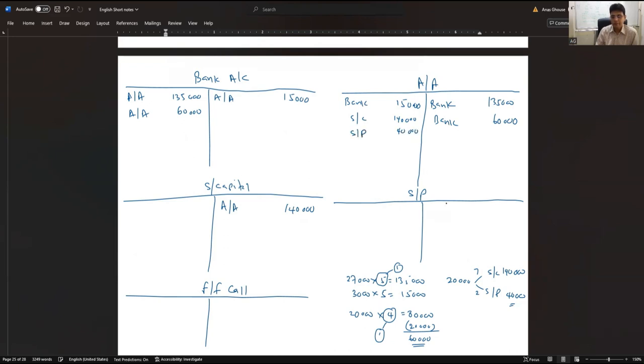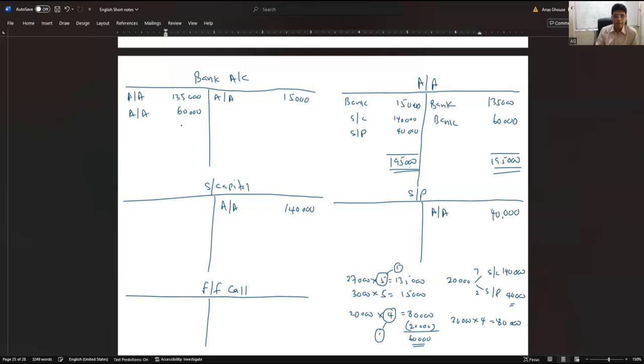Share premium account will be credited 40,000. So thereby the application and allotment account balance should be 0. So this is 195,000 and this also 195,000. Then finally the final call, 20,000 times 4, which is going to be 80,000.